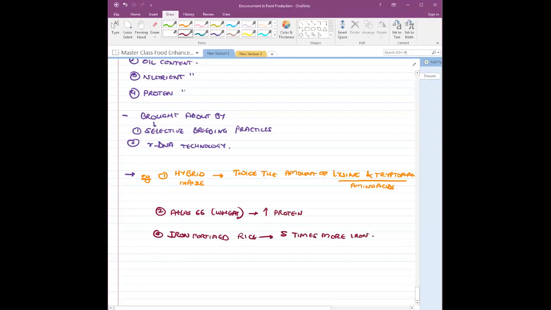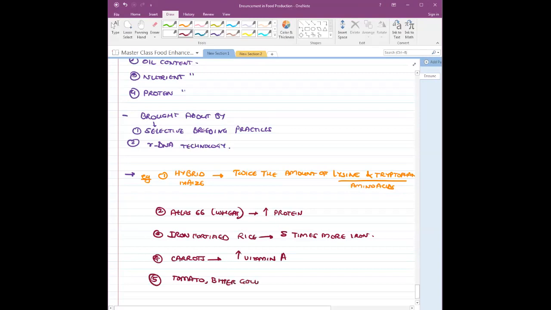Okay, next one, guys. After this, we are going to have another one like carrots. So when we talk about carrots, you are going to see that they are built in such a way that they are going to have increased vitamin A. Already they are rich in vitamin A, but still you are going to increase its vitamin content. Also, the next one, we have your tomato, or we have your bitter gourd.